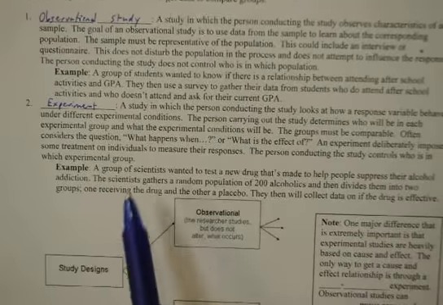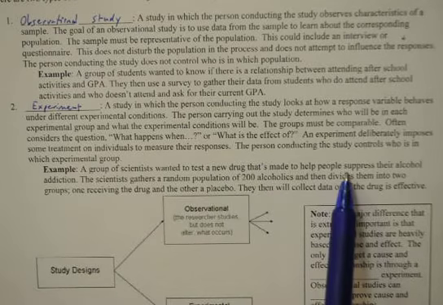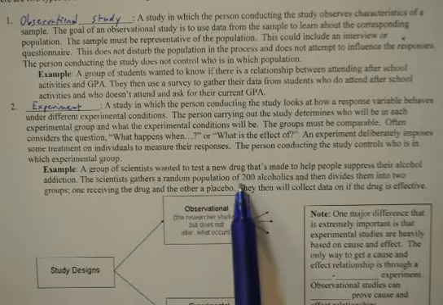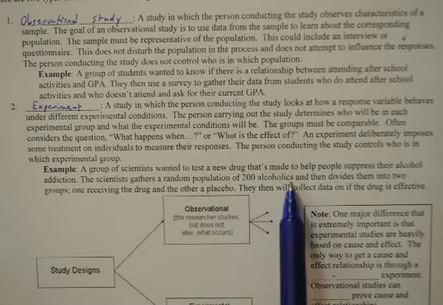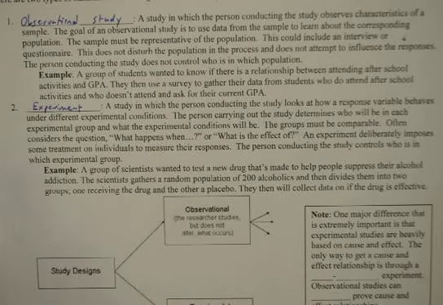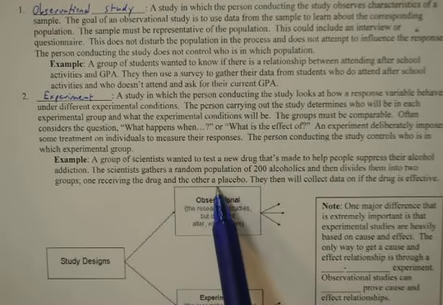Whereas in this scenario, a group of scientists wanted to test a new drug. All right. They gather a random population of 200 alcoholics, and they divide them into two groups and then they take those two groups and have some sort of treatment. On group A, they treat them a certain way, and on group B, they treat them a certain way. One receiving the drug and the other a placebo.